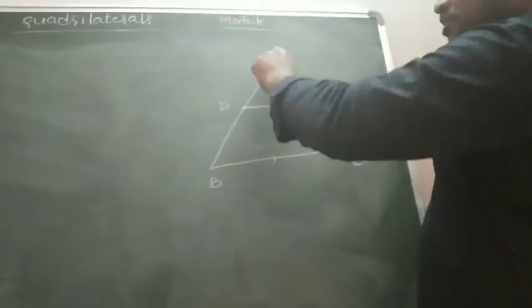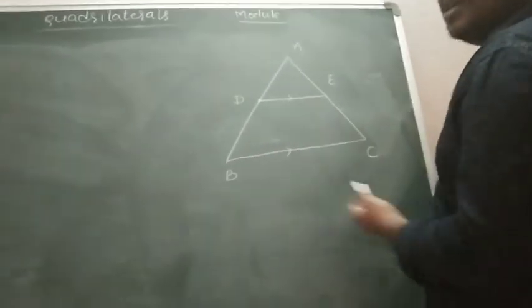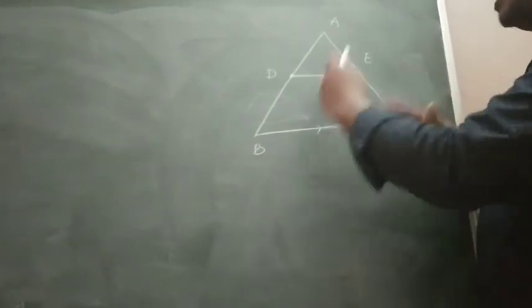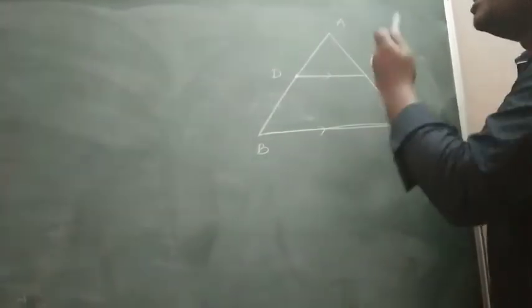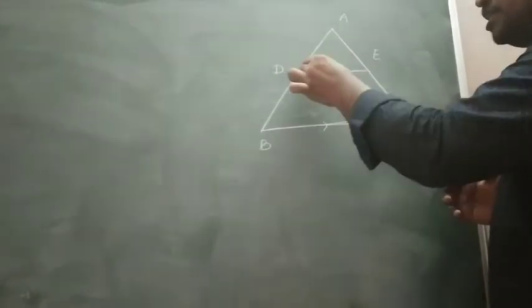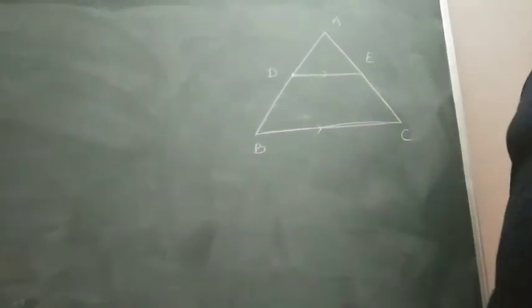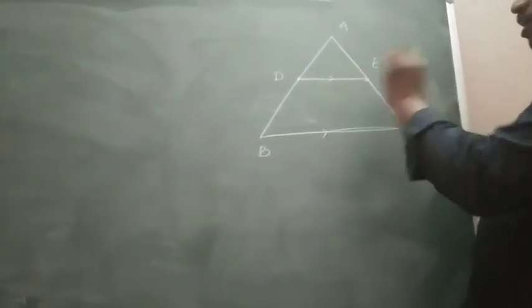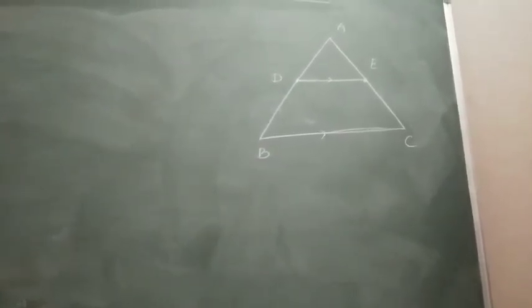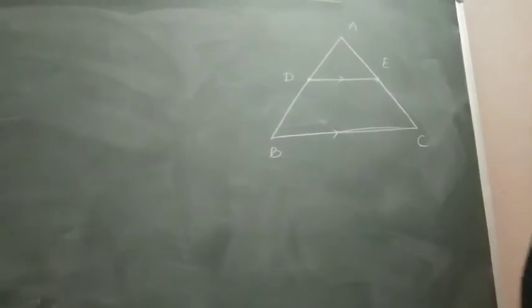So D is the midpoint of AB and DE is parallel to BC. Then DE bisects the third side. Third side means what here? That is AC. That means DE bisects AC. We have to prove E is the midpoint of AC. Simple proof. Listen carefully, children.